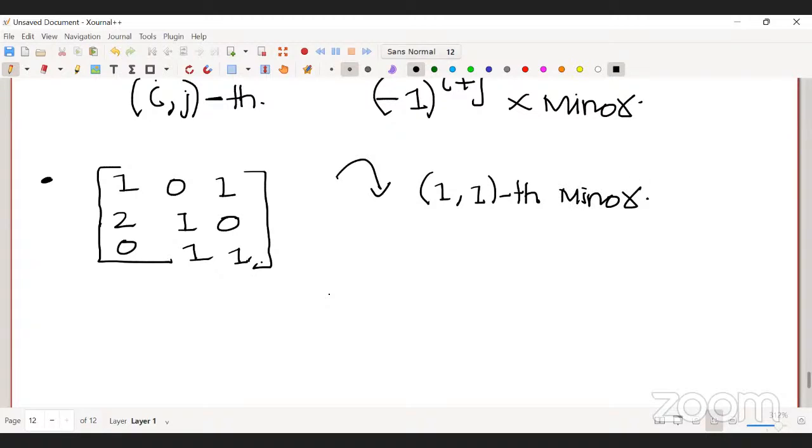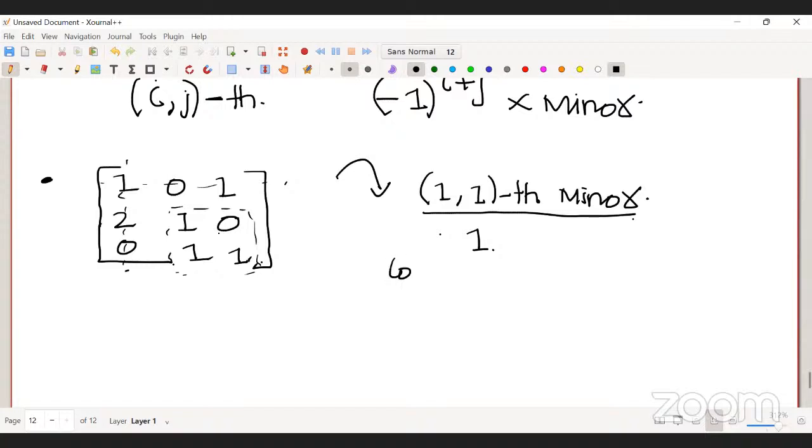So first I have to omit the first row and first column, right? Yes, sir. So the minor is basically the determinant of this matrix, 1 0 1 1. The value is 1. So minor is 1. This is the minor.